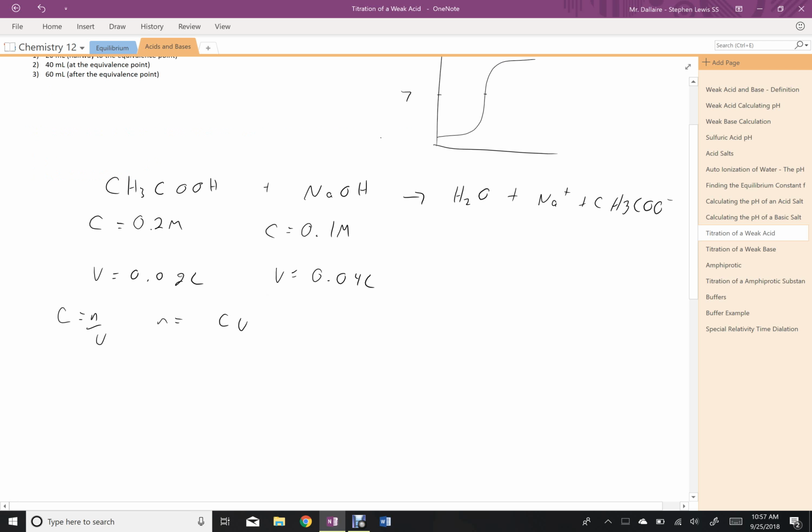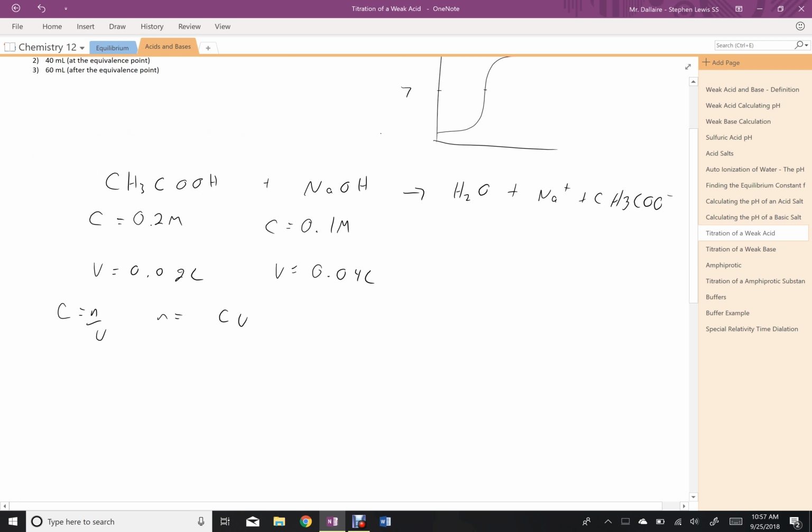This gets us, in both situations, a molar amount of 0.004 moles. Because they're equivalent, that's what we mean by equivalence point, they're going to react completely, leaving none of the original acid and base behind, but creating these ions.